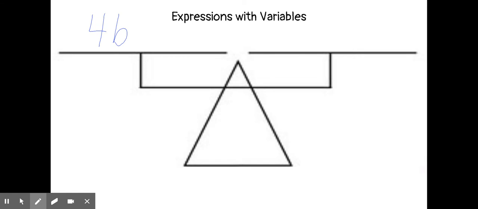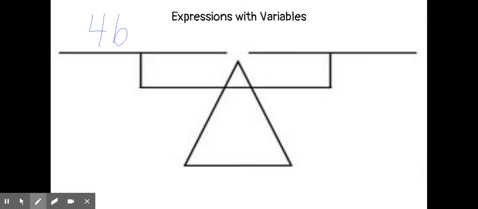And you might be wondering, what does that mean, 4b? We're supposed to be using operations. We're supposed to be adding, subtracting, multiplying, dividing. What does 4b mean? Well, 4b means 4 b's. So if, for example, b was worth 2, it would be 4 2's.